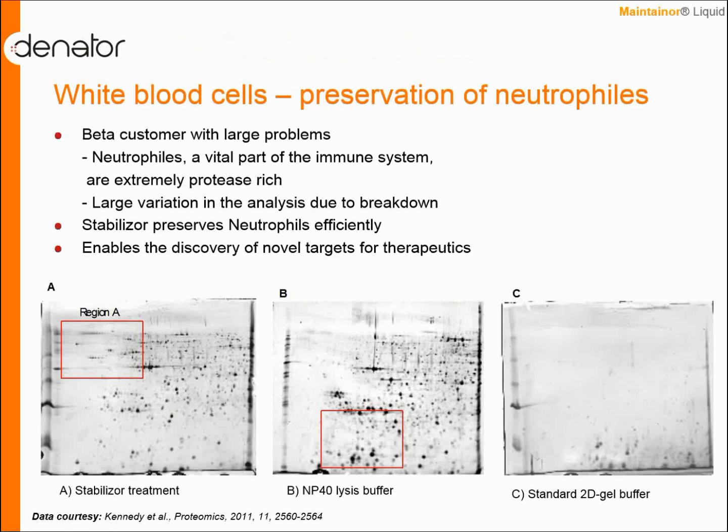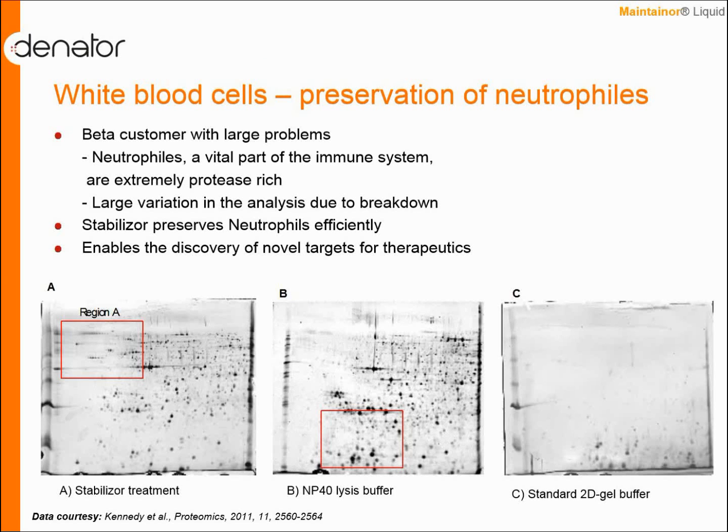Another example of 2D gels looking at whole proteins is from white blood cells, neutrophils. Here we have neutrophils. They're isolated from whole blood, and they're extremely rich in proteases. These are generally macrophages, is one type.